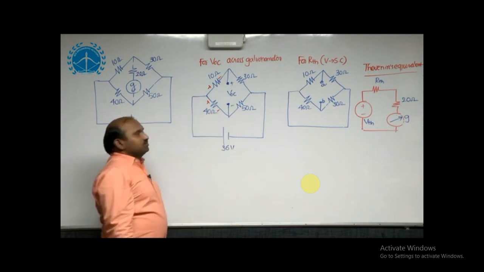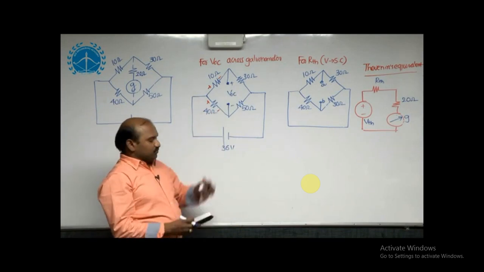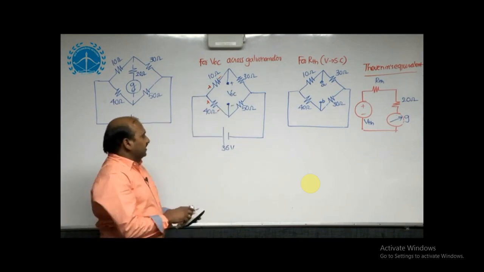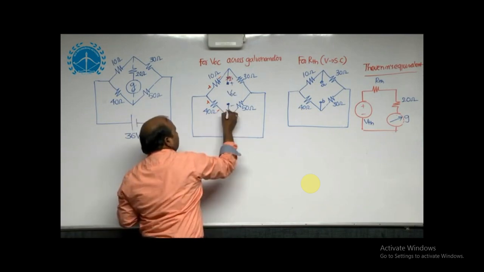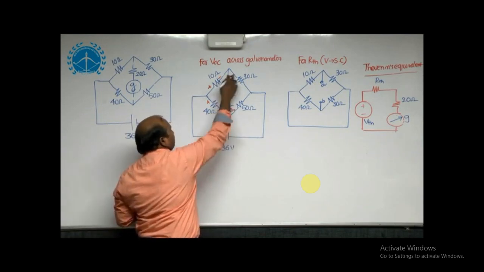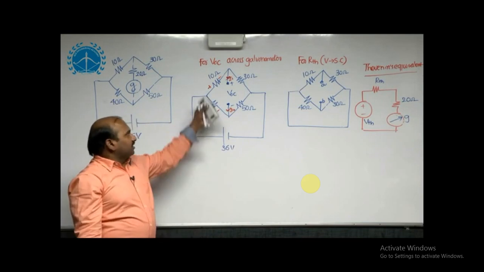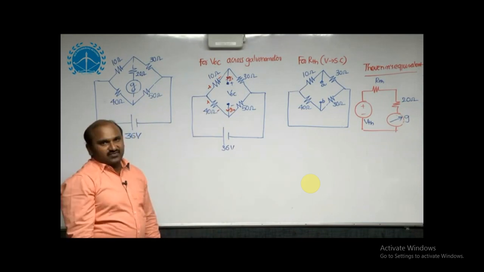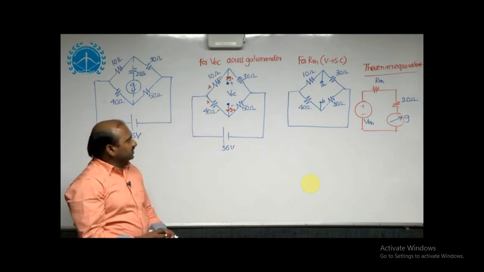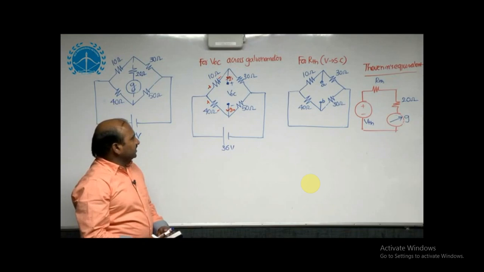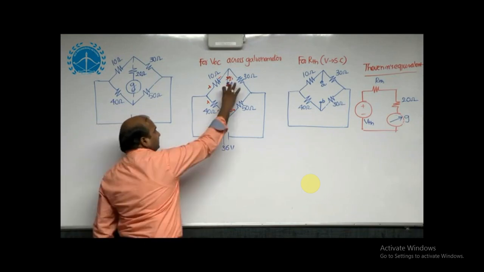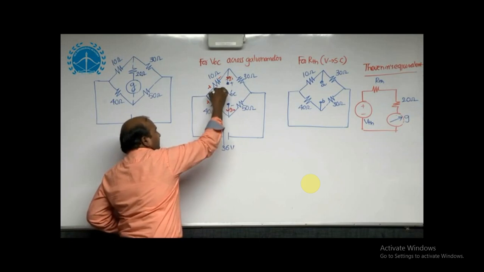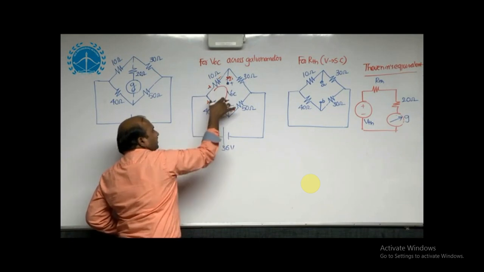For this two-terminal network you have to take the open circuit voltage. Open circuit means current in the two terminals is equal to 0. If there is no current in these two terminals, then the 10 and 30 are in series. Not only that, 40 and 50 are connected in series. Here, the Thevenin's equivalent voltage is the algebraic sum of these two voltages.